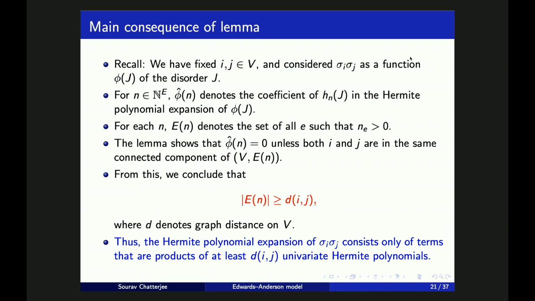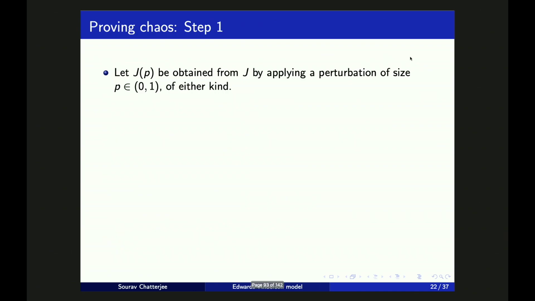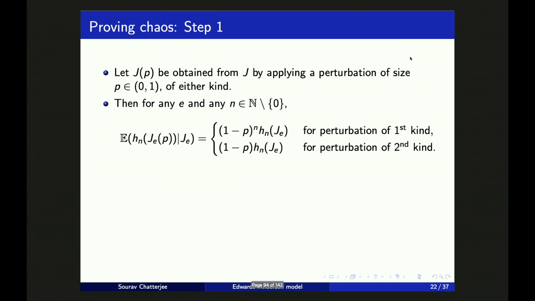Now that should give you the hint that it should be possible to prove chaos. I'll save you the trouble of thinking, and I'll tell you how we do this. Let Jp be obtained from J by applying a perturbation P of either kind.